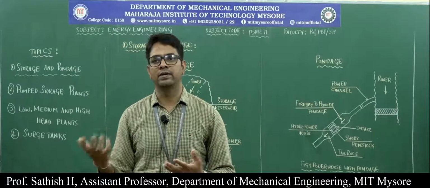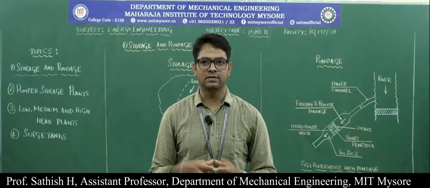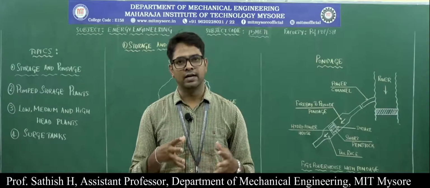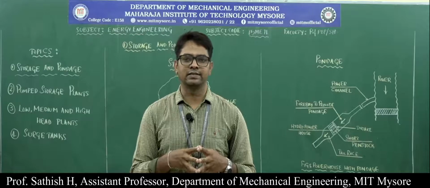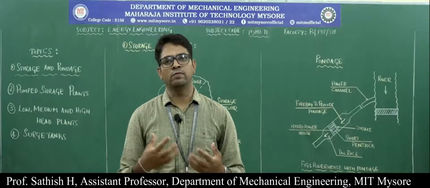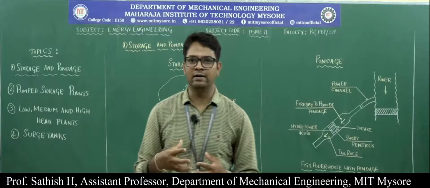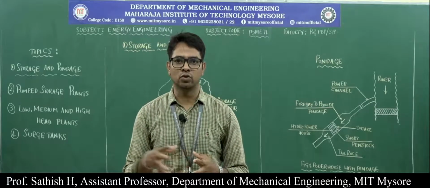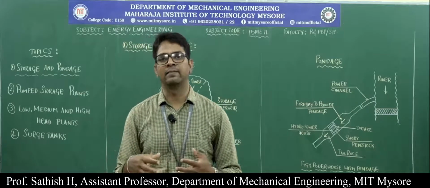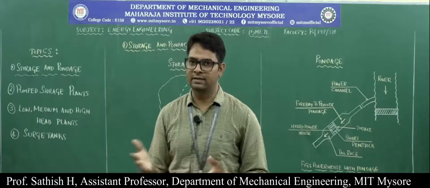What do we mean by the off seasons? During the summer there is no rainfall, so no water is flowing through the river, and the water stored during the rainy seasons can be used to produce electricity. One more important thing is that the demand for electricity is constant throughout the year. It doesn't mean you have more demand during the rainy seasons and less demand during the summer.